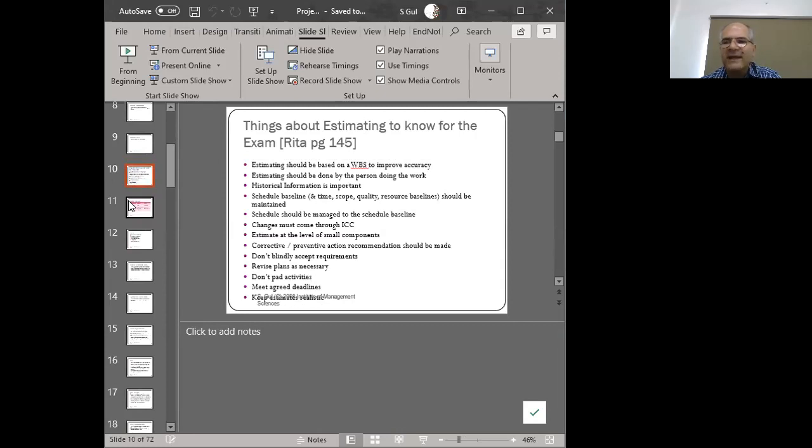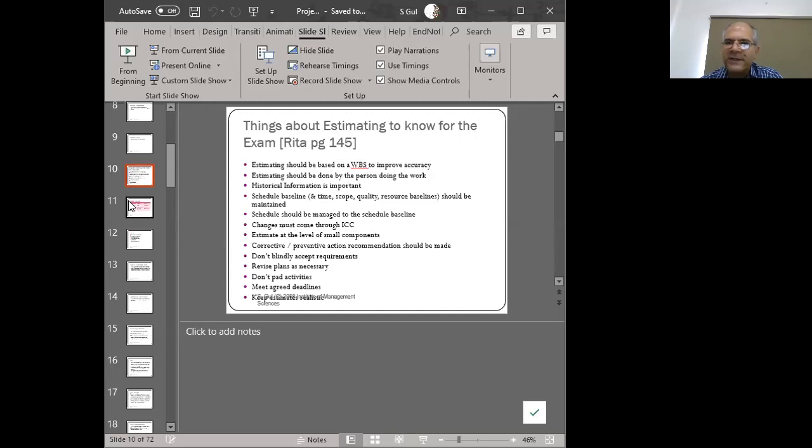We don't pad activities, meaning that we don't put additional time periods into the activities, because we want ourselves to remain relaxed in case something happens and I should have some extra time. So rather than showing it as 40 hours, I'll show it as 60 hours and so forth. Right? So we don't do padding because we've got billable hours, right? Billable hour means that for every hour of work that's done, we make a payment.